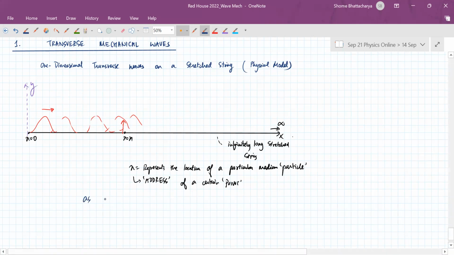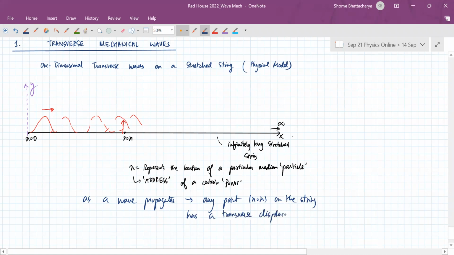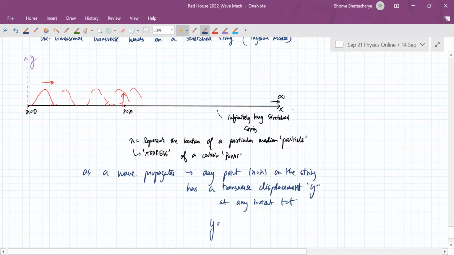So as a wave propagates, any point x equal to x on the string has a transverse displacement y at any instant t equal to t. So this transverse y displacement has to become a function of x and t.